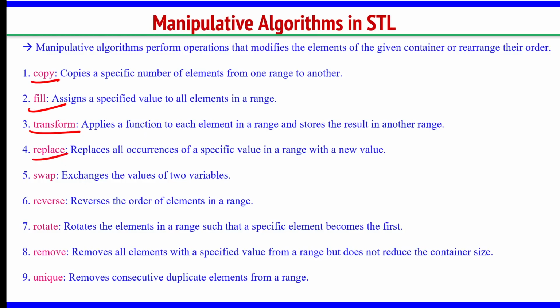Replacing old with new value in all the containers, swapping value, reversing based on the index, rotation, left or right rotation, remove the elements in the given range, and unique removes the duplicate elements from the given range. So these are a few important manipulative algorithms in STL.